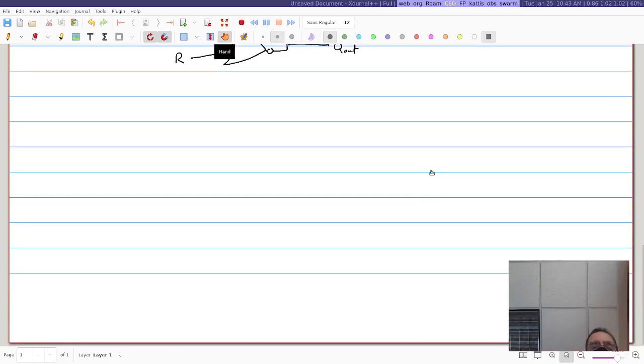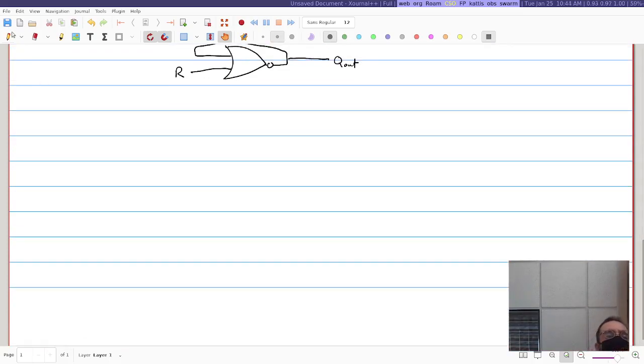We'll make something else. This is called a D latch, or a data latch. Instead of having set and reset inputs, it's going to have an input called data and an input called set.